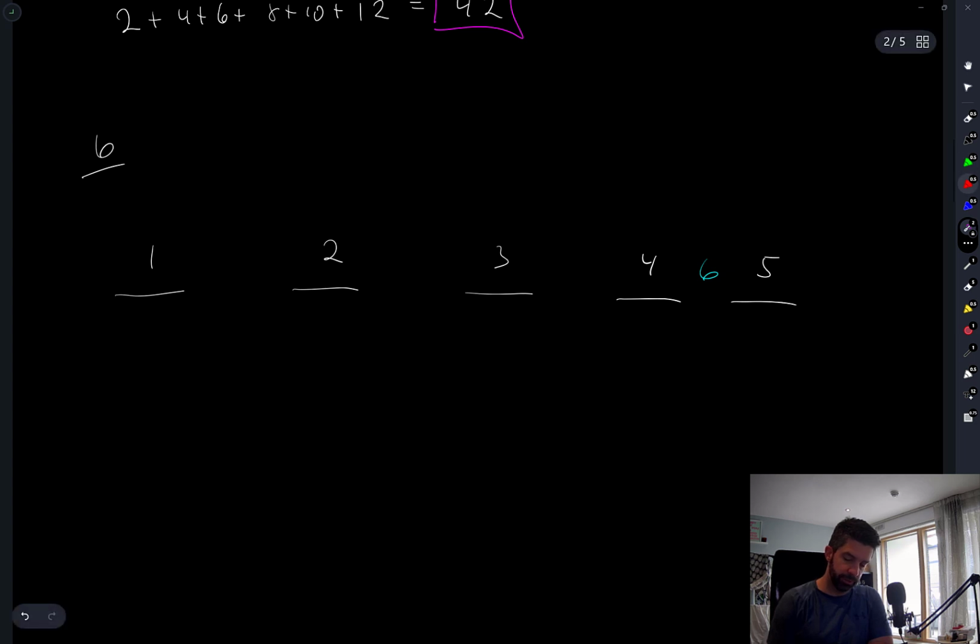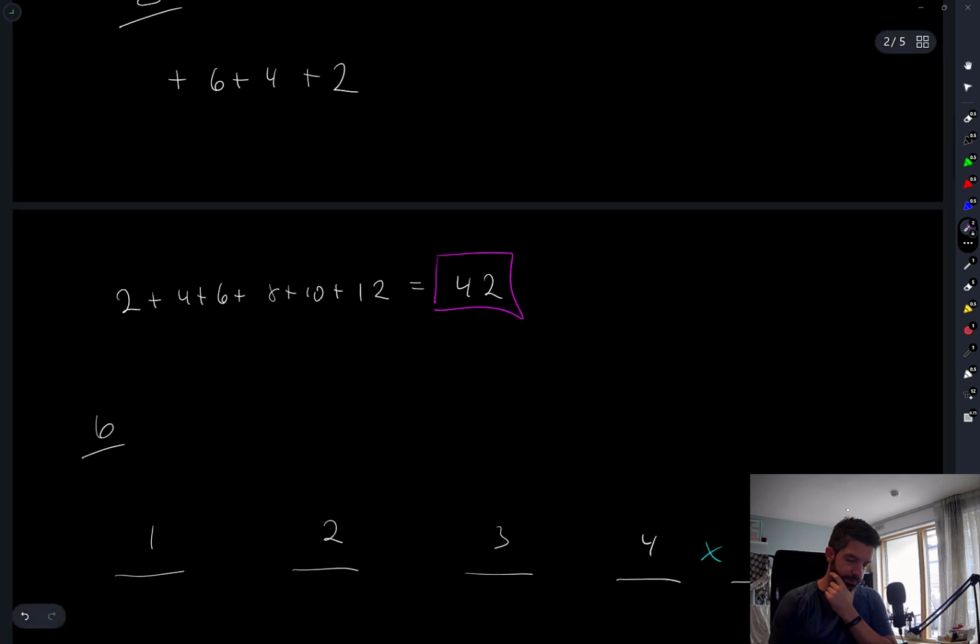So this looks like it doesn't work. Okay. So I'll write this as, 6 cannot go there. If I put a 6 here, that's fine, it hasn't been counted yet. Hold on a second.